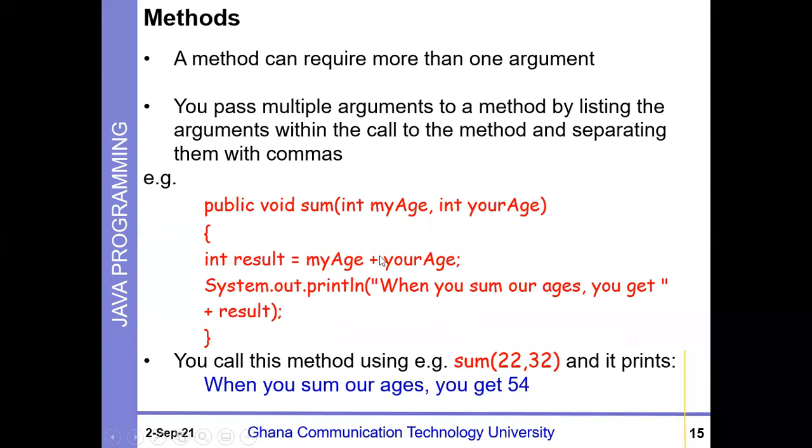It will take the 22, assign it to my age, take the 32, assign it to your age, then add them, put in result, and print this. So when you sum our ages, you get result. In this case, the two are different. If you are going to call the method, you need to ensure that the way you define the method is the way you have to call it.